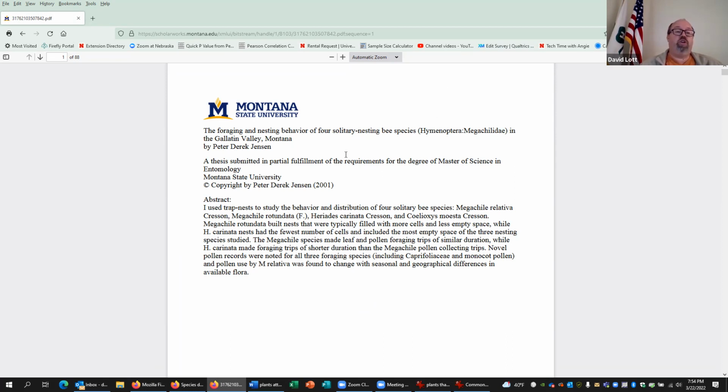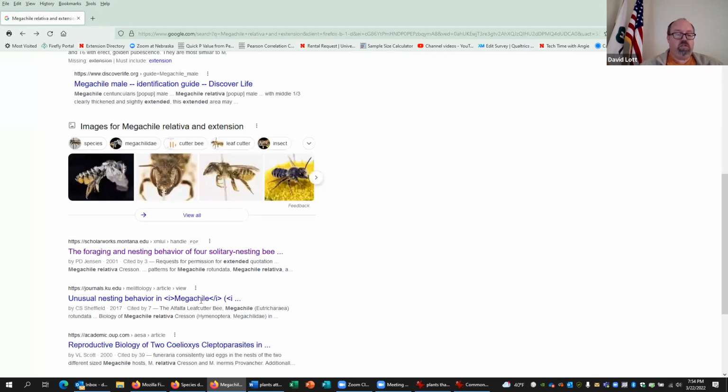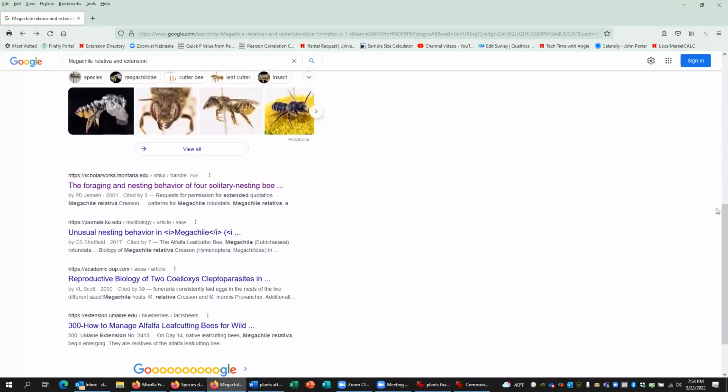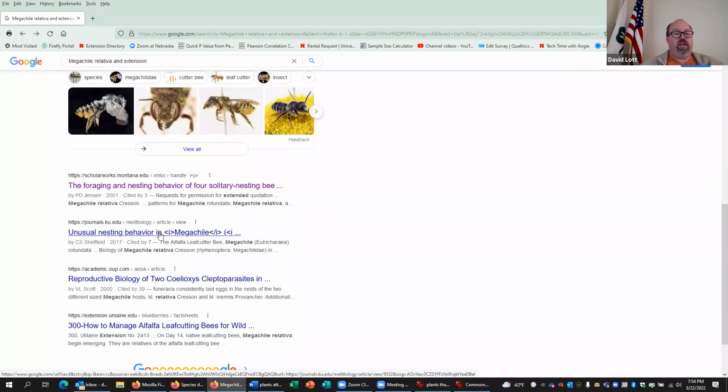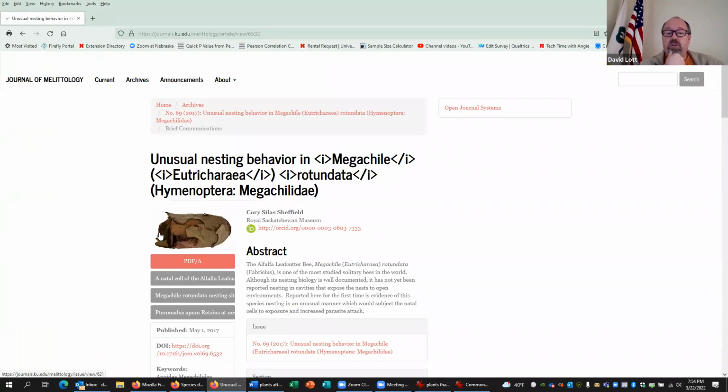This is the cuckoo, the parasite to this one right here. What does that mean? He's a parasite to that one. It is harmful to that other bee species and can even kill it. So they take over the nests.